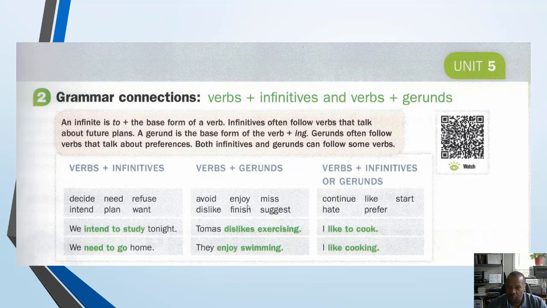We can take any of these words here and insert them instead of dislikes. And as long as we have the base form of the verb plus ing following it, we now have a complete gerund. Okay, so Thomas dislikes exercising.